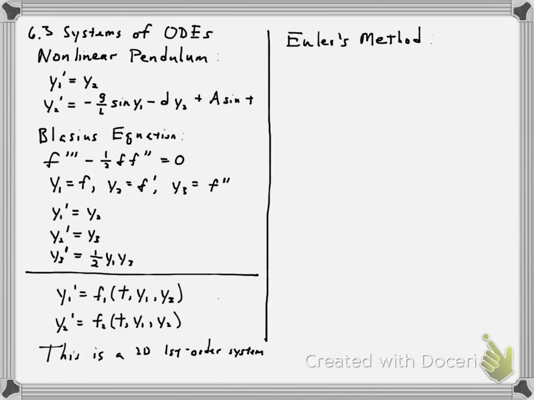So we have now two indices. So we have w sub i plus 1, 1, and this is our approximation of y sub 1. And so w sub i plus 1, 1 equals w sub i 1 plus h times f1 evaluated at t sub i, w sub i 1, and w sub i 2.